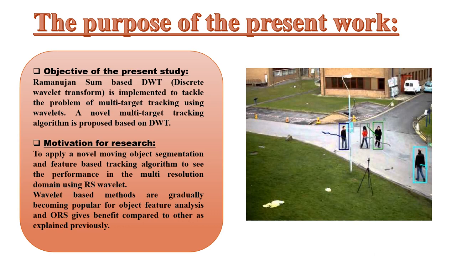Also, since the Ramanujan sums are all integer valued and normalization can be performed at a later stage, the RS-based wavelet transform is less computationally extensive and hence faster. Frequency domain analysis, especially wavelet transform, gives us flexibility for a multi-scale and multi-resolution analysis of the attributes for object tracking. These methods are often unexplored.